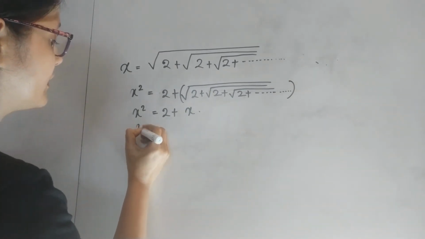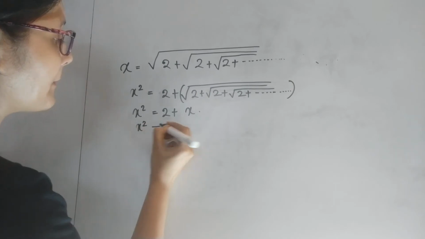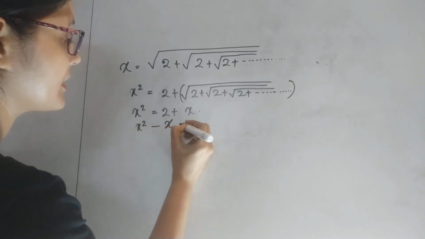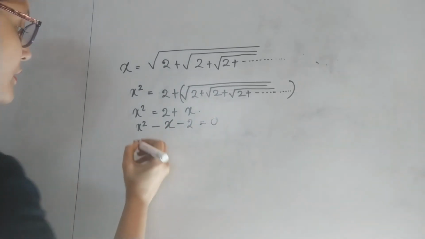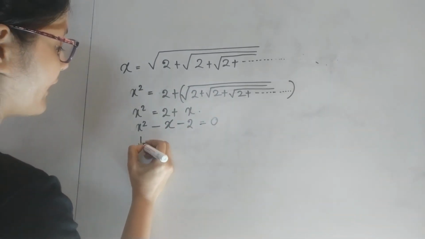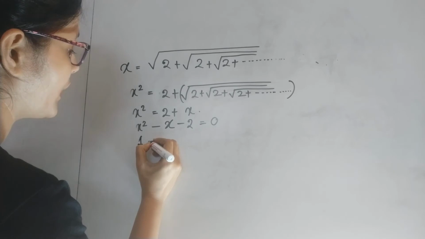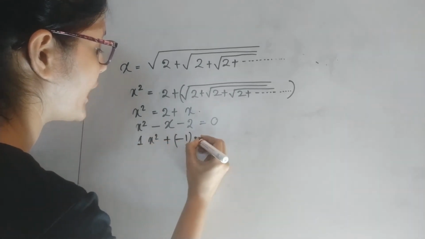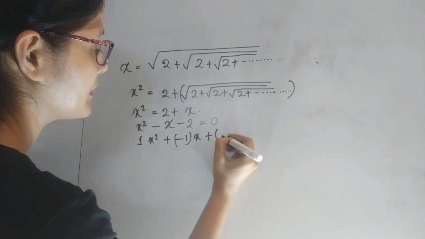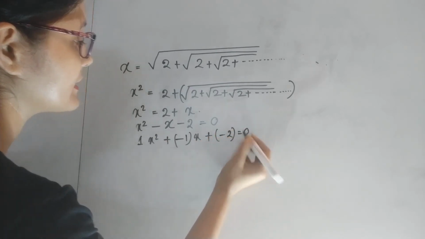Now here x square minus x minus 2 is equal to 0. So we can write it like this: 1 into x square plus minus 1 into x plus minus 2, that is 0.